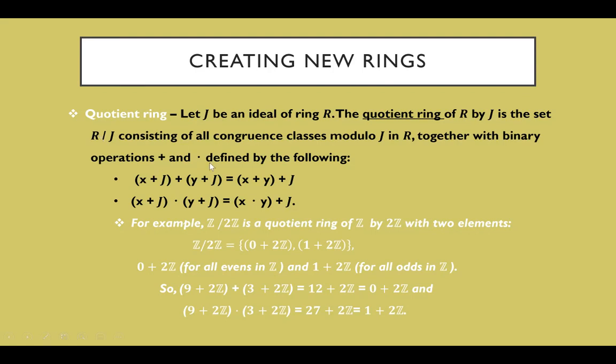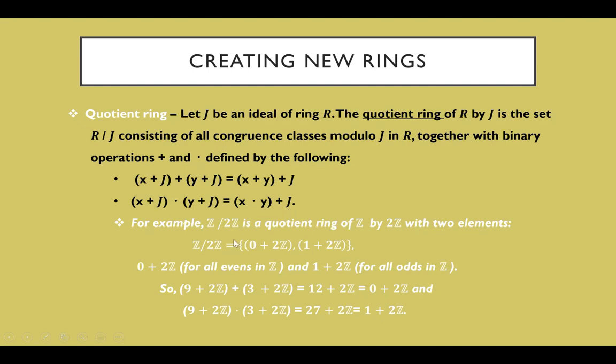Addition and multiplication will be defined in this way. So (x + J) + (y + J) is (x + y) + J. Similarly for multiplication, (x + J) times (y + J) is (x times y) + J.